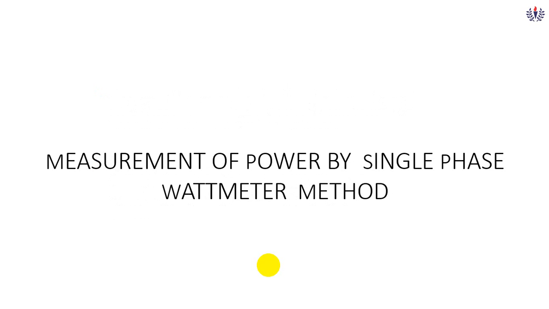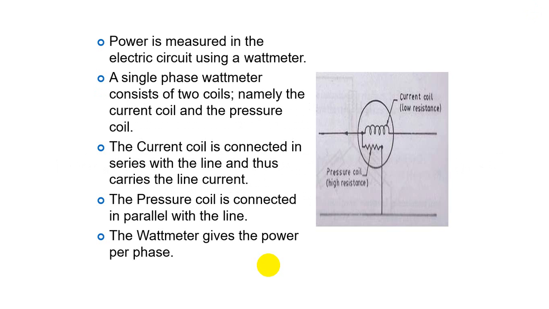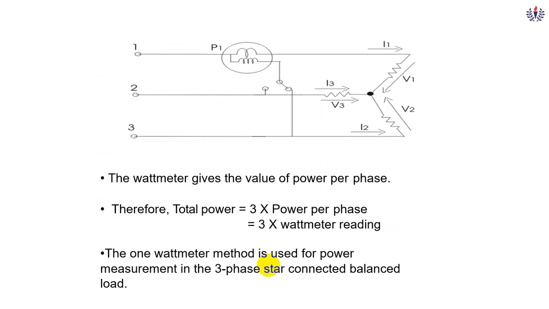So here you can see measurement of power by the single watt meter method. This may or may not be an apt method, because here you are using one element as a current coil and the other as a pressure coil, but it is connected to a single phase. So we can come to a conclusion that it is 3 into power per phase.